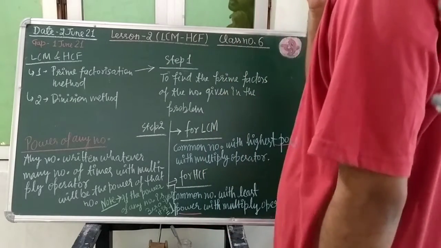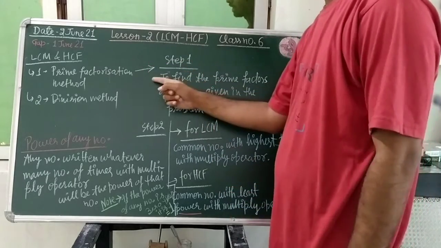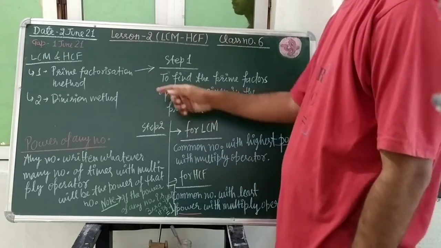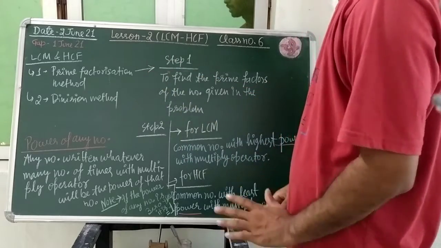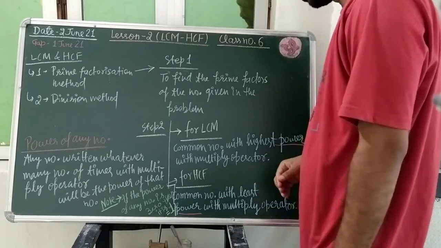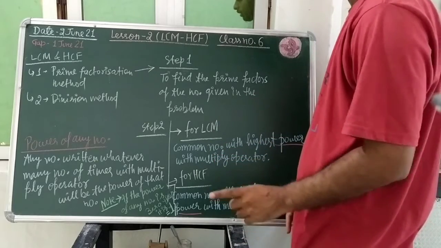So students, this prime factorization method we have discussed. It is the best method, I will say, for you. If you understand the prime factorization method, I think it will help you a lot. And students, please try to get this line which I am going to say.